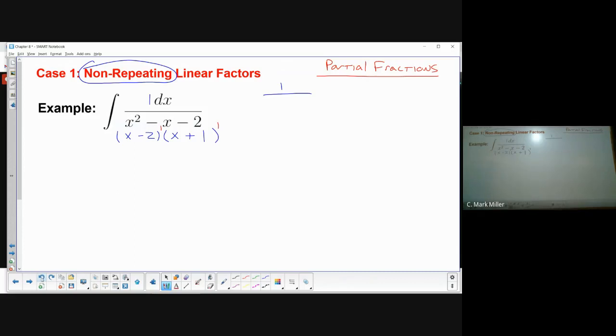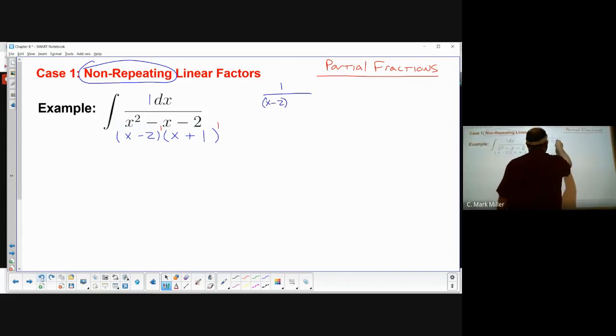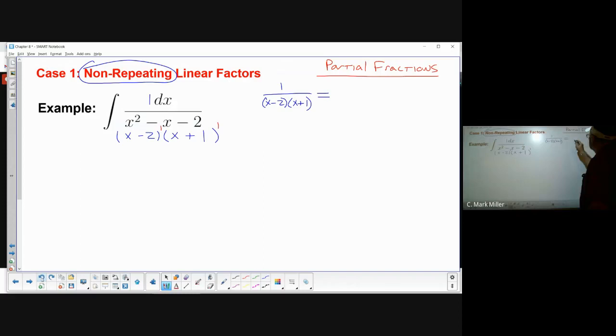So the theorem of partial fractions says that we can take our integrand here, which is 1 over x minus 2 times x plus 1, and that is going to equal some number A over x minus 2 plus some other number B over x plus 1.